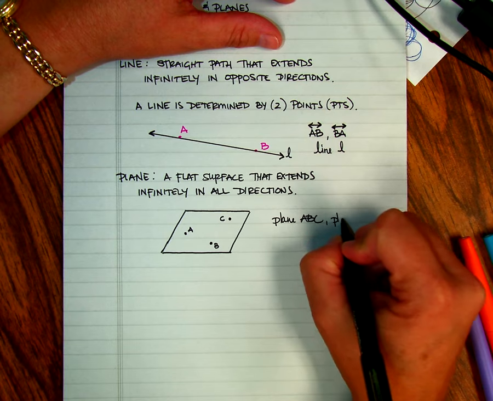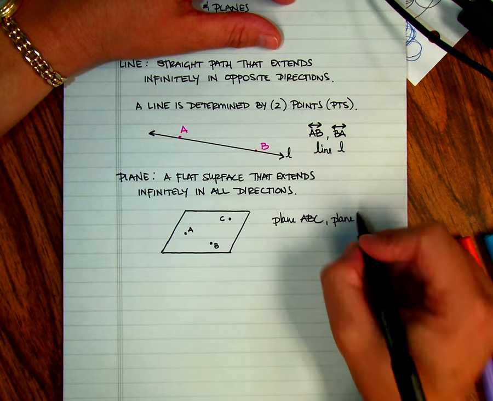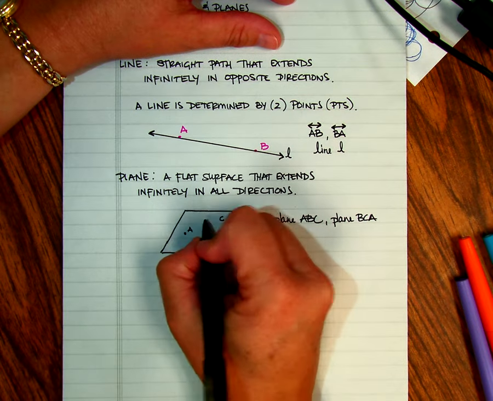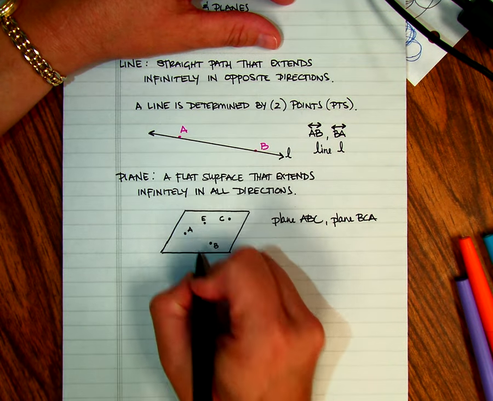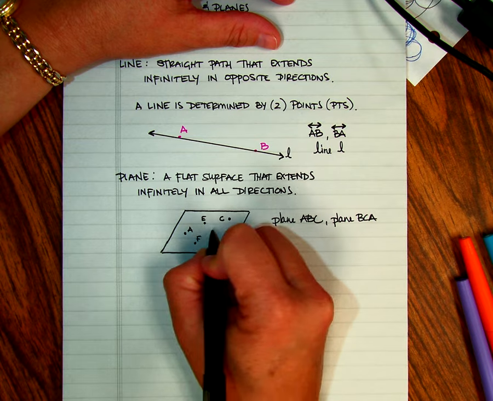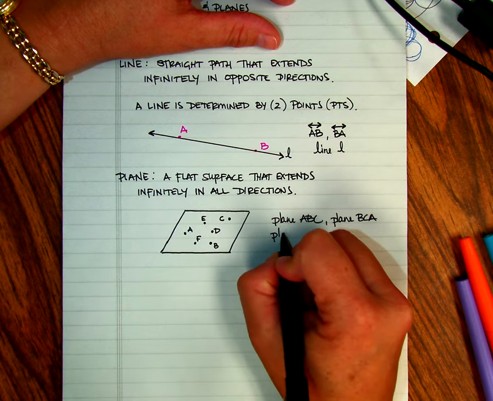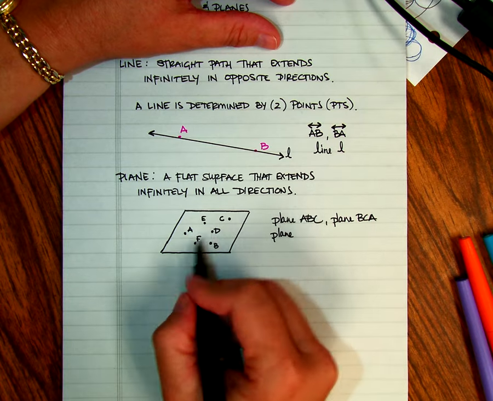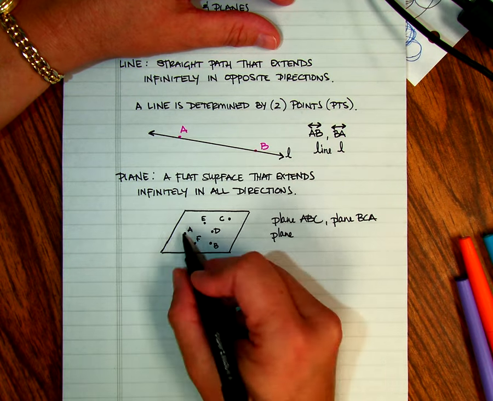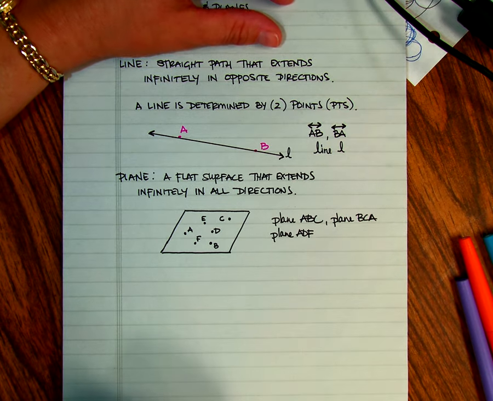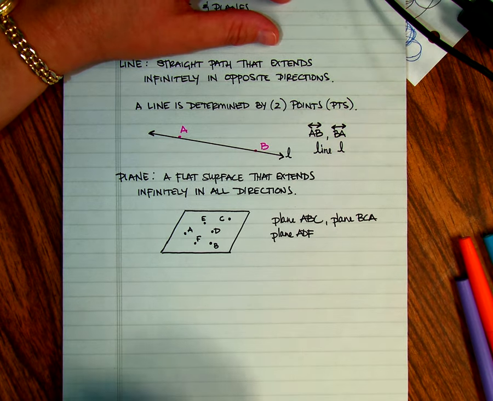I could call it plane BCA. It wouldn't matter. If I put a couple more points in here, E and an F and maybe a D somewhere, I could use 3 non-collinear points, A, D, F. They do not form a line. So I could name it with any 3 points.